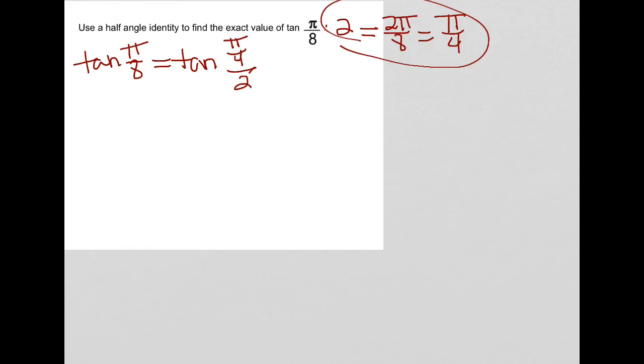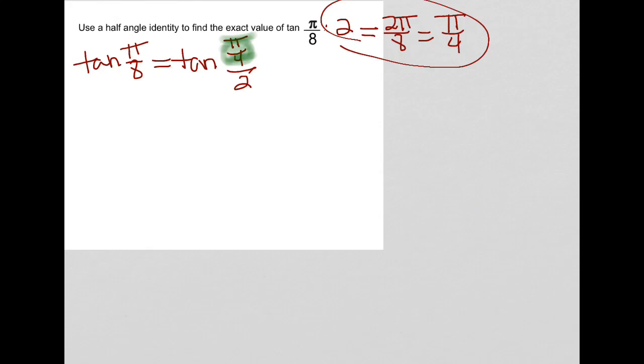Just note that now I'm going to use this pi over 4 as my x, and I'm going to choose one of my half angle identities for tangent. I could use any of them actually, so I'm just going to choose one that I think is pretty easy to use.